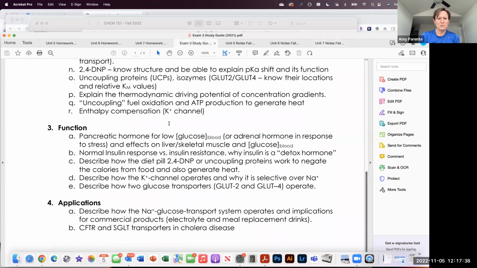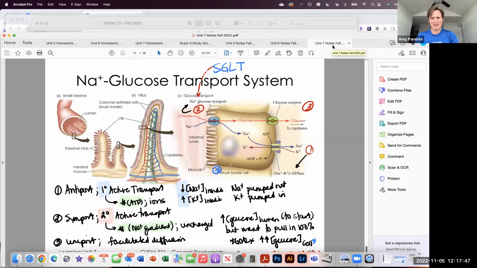And so this last part was just talking about these two transporters that we see in cholera disease. CFTR is again that, I think I have it. Oh, I didn't.